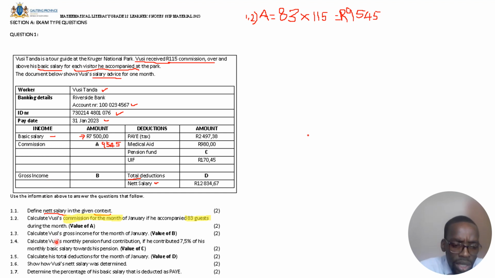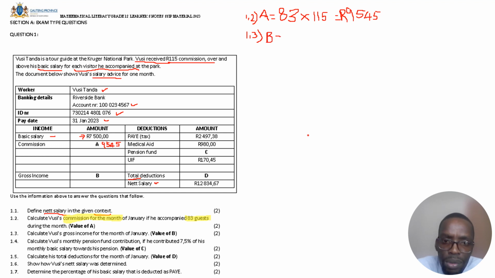This is to answer question 1.3, which says calculate Vusi's gross income for the month of January. In other words, we are calculating the value B. This amount we get after adding.